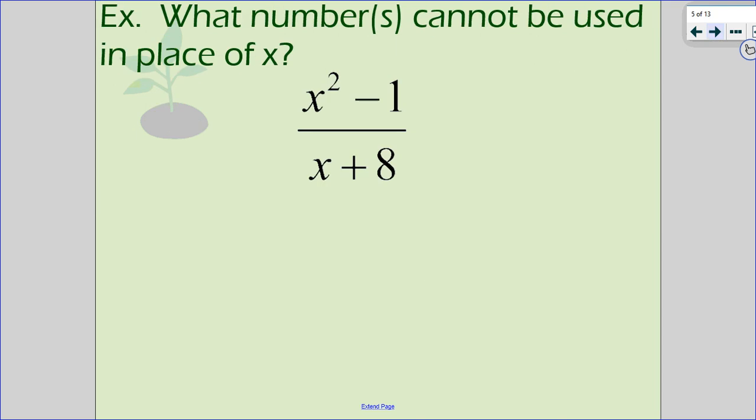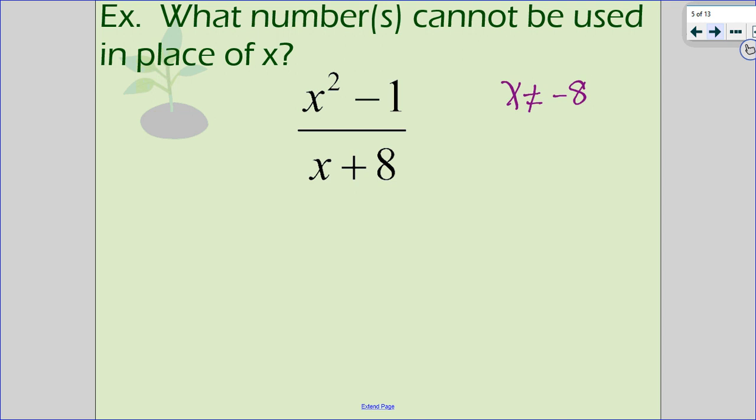All right, now let's look at this one. What numbers can't we use in place of the x? Henry? -8. X cannot equal -8. I could even write it this way: x cannot equal, the line through the equals sign means not, -8.